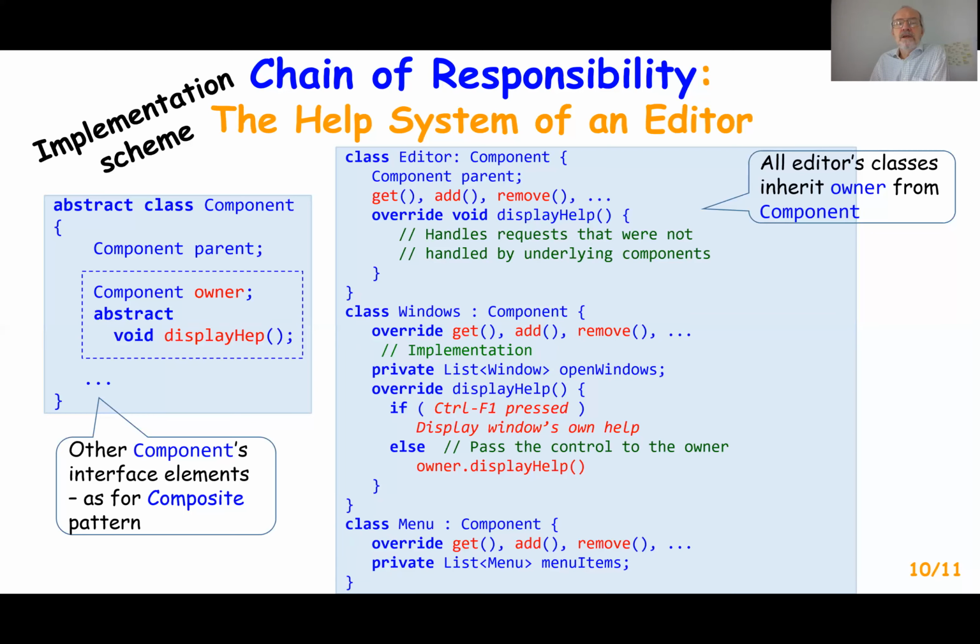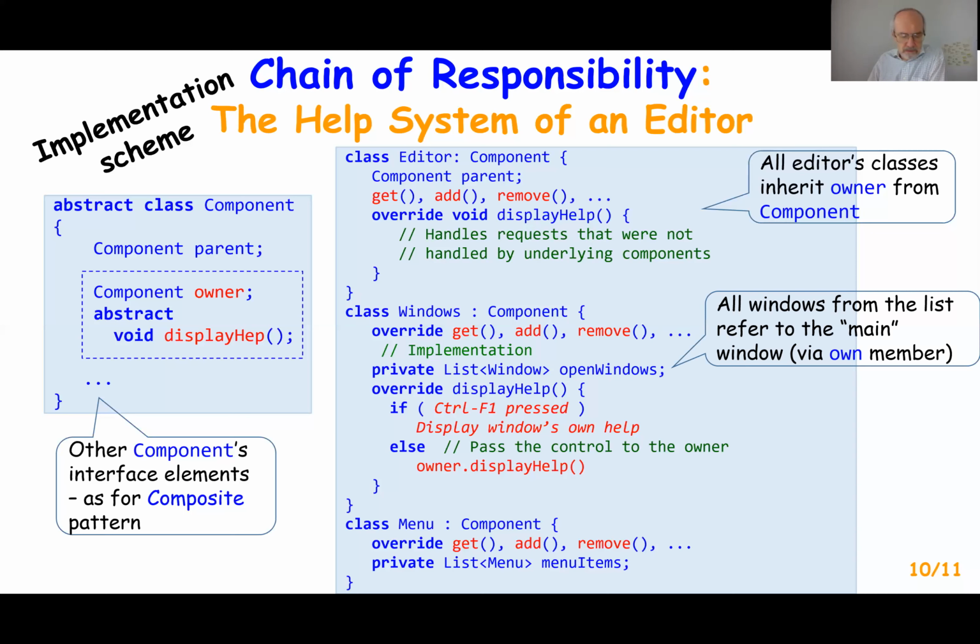And look at the key point of our implementation. So all windows from the list refer to the main. This is an important point. Look again at the root class component. It has an owner element. I didn't say anything about the semantics of this member. The owner refers to the component that it belongs to.